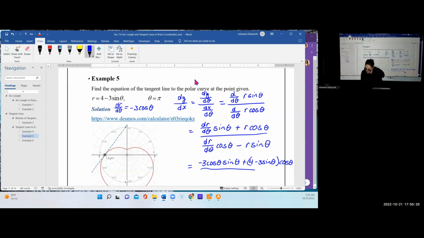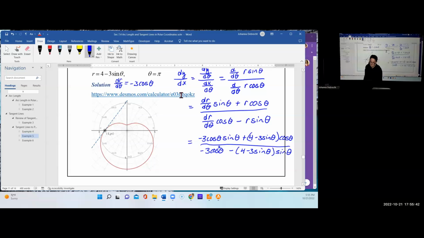Then I'm going to divide by dr d theta, which again was -3 cosine of theta, multiplied by cosine again, so that's cosine squared, minus r, which is 4 minus 3 sine theta in parentheses again, multiplied by sine of theta, right? And we're getting the general formula for the slope at any point.